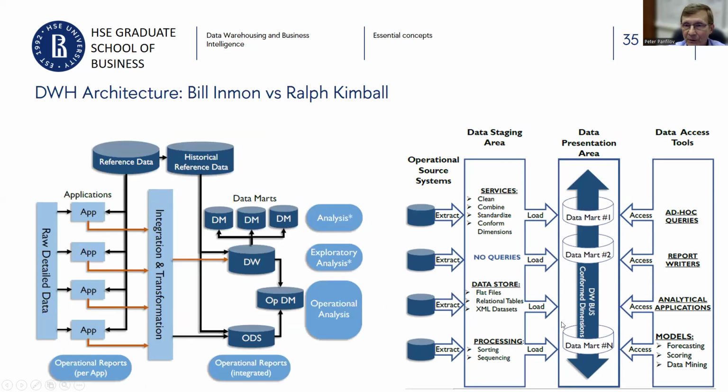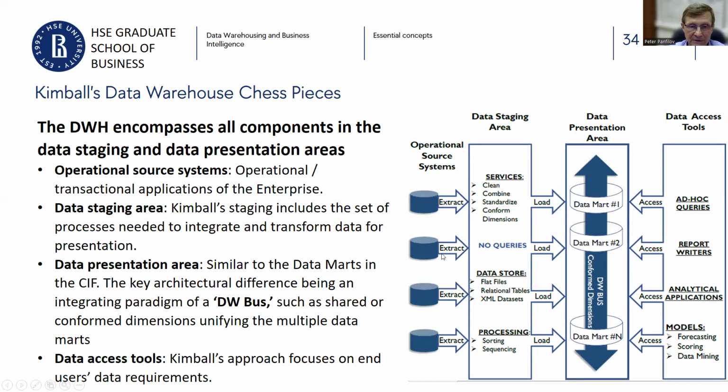So here we have a combination of data marts and here we have a combination of data marts. But the difference is that there is not any connection between data marts in Bill Inmon's architecture, but here all those data marts are connected to each other through conformed dimensions. So this is a difference. So data warehouse bus is a special element of this architecture.